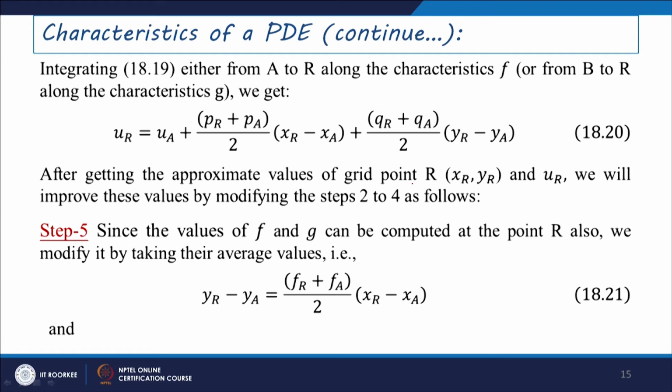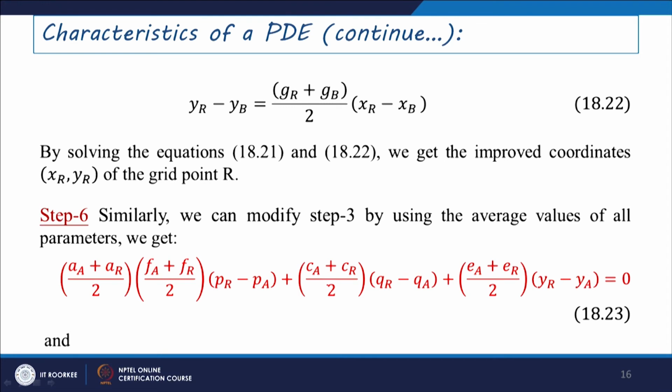After getting the approximate values of the grid point R, xr, yr and ur, we will improve these values by modifying steps 2 to 4 as follows. Since the values of f and g are also computed at the point R, we modify by taking the average values. That is, yr minus ya equals (fr plus fa) by 2 into (xr minus xa).